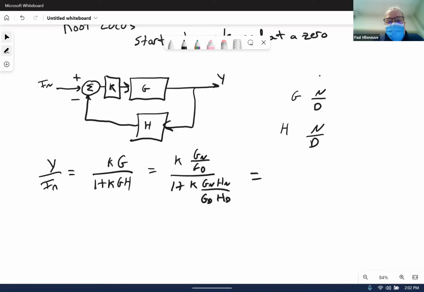And then we're going to put that under a common denominator, invert and multiply, yada, yada, yada. So what we end up having is K HD GN all over GD HD plus K GN HN, correct? If you remember from our work that we've done.